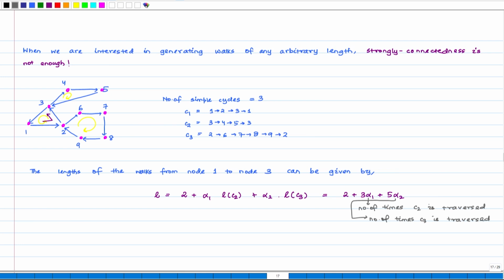Okay. So now let's focus a little bit on this particular expression. So what are we doing here again? We are again trying to look at all the possible lengths, which are again integers, that can be represented using the numbers 3 and 5.